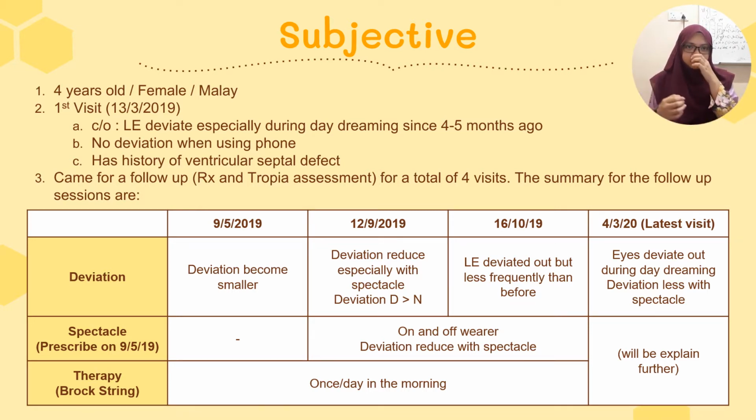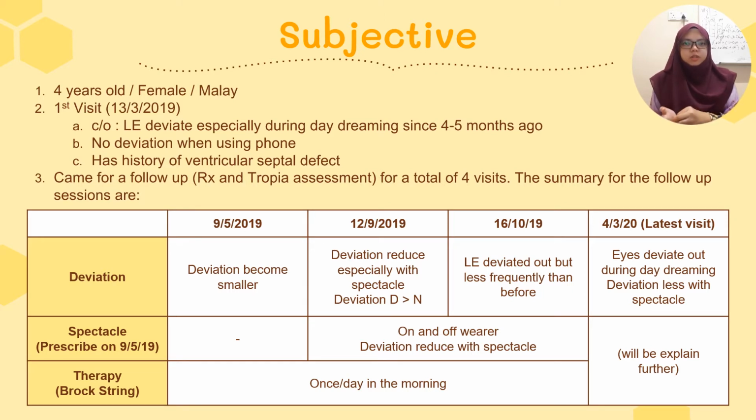So the table summarizes the history taking throughout the 4 sessions. Based on the patient's mother, the deviation becomes smaller after each visit, and it becomes more prominently reduced after the patient started wearing spectacles, which were prescribed on the second visit, on the 9th of May 2019.